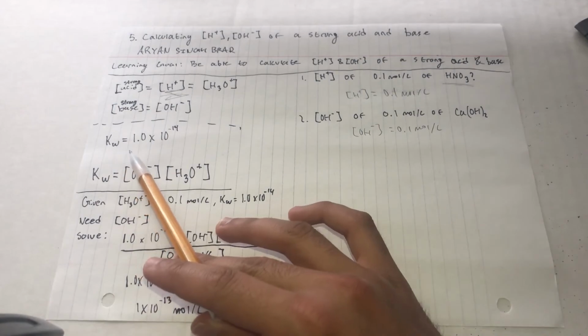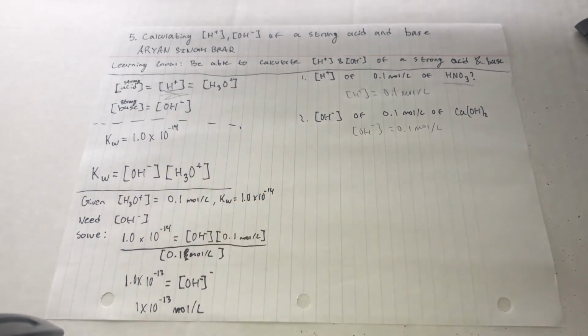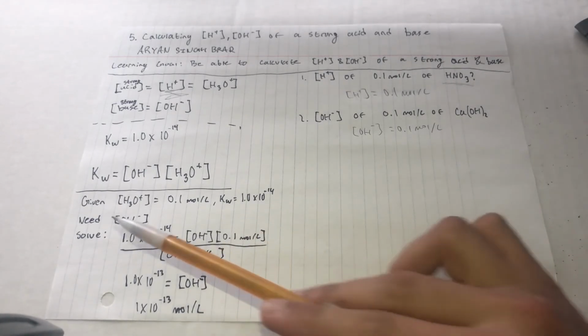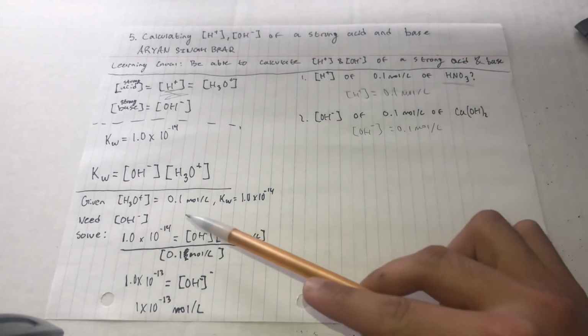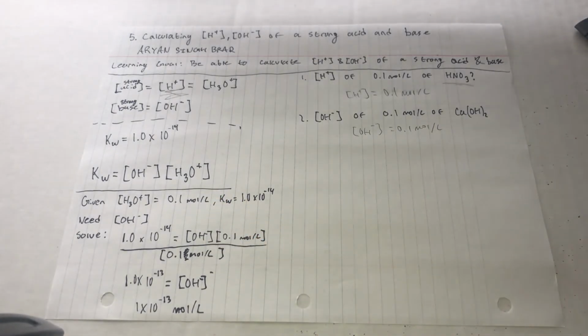This constant is equal to 1.0 times 10 to the power of negative 14. And let's say you wanted to solve for the hydroxide concentration of 0.1 moles per liter of nitric acid. You simply just plug in the values and solve. And for this question specifically, you'd get 1 times 10 to the power of negative 13 moles per liter as the concentration of hydroxide for 0.1 moles per liter of nitric acid.